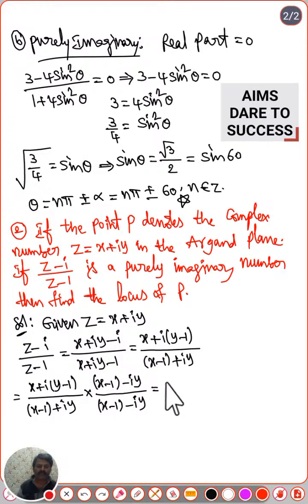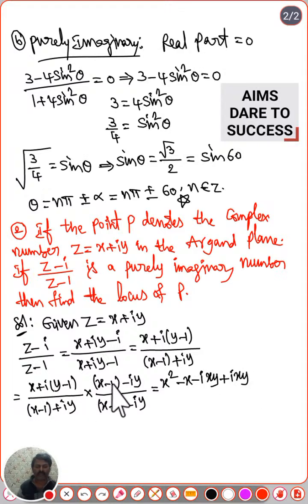Okay, x into (x minus 1). First of all x into x is x square. Next plus, x into minus 1 is minus x. Next x into minus iy is minus ixy. Next plus iy into x is plus ixy.